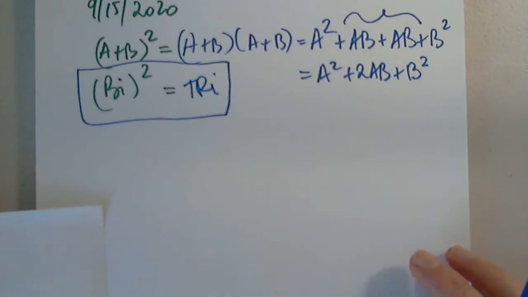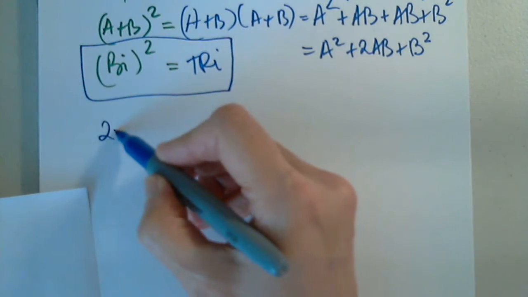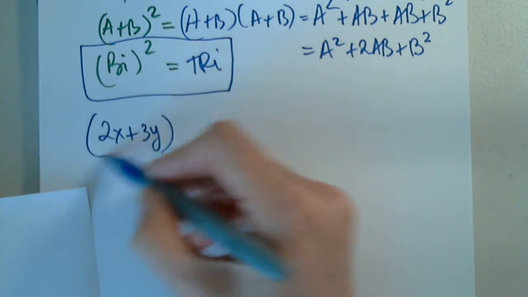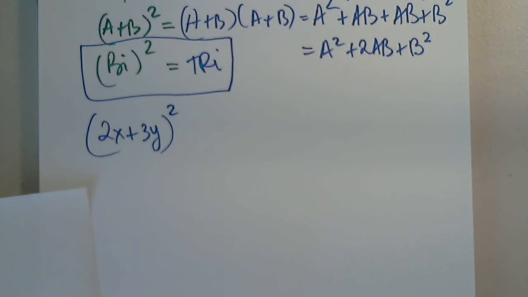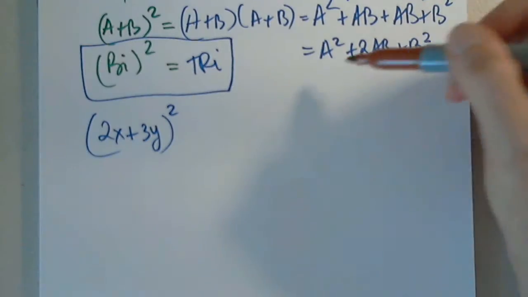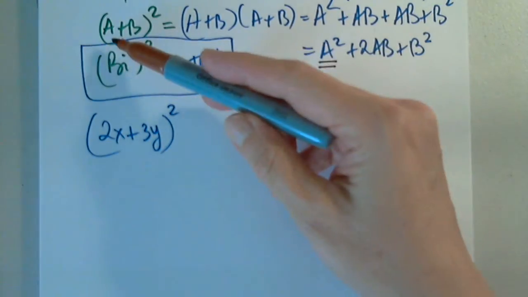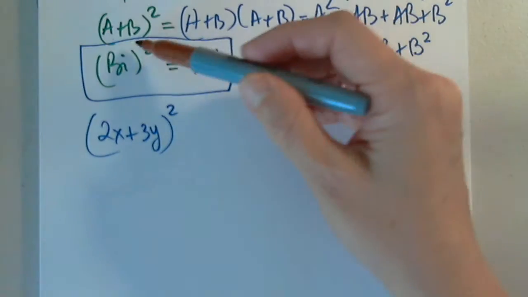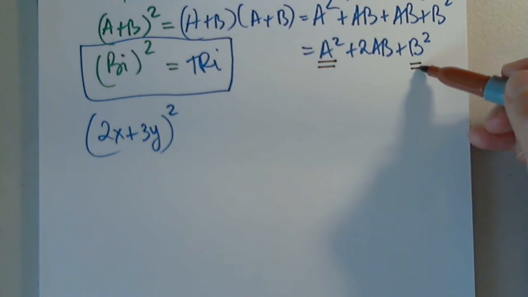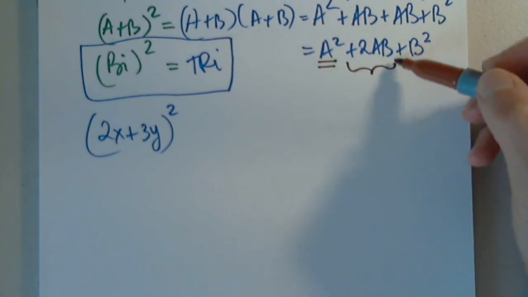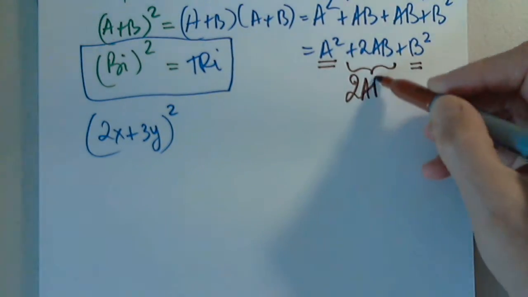So for example, how I would like us to use this, let's say we have this situation. I don't want us to FOIL anymore. Why? Because factoring will be a problem, and we're saving some time as well. So remember, this is the first term squared, the second term squared is here, and this middle term is 2AB.